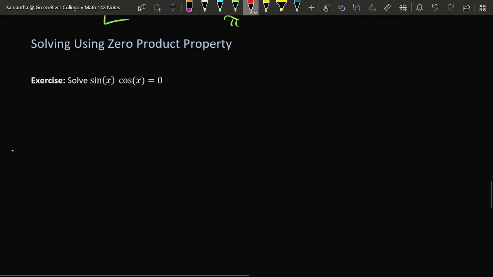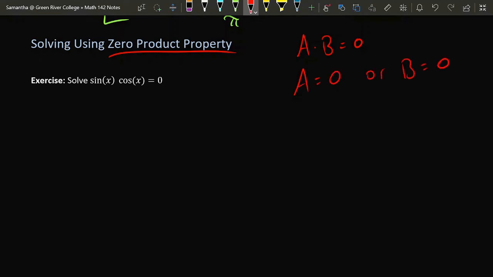Now the zero product property is a rule from algebra that helps you to solve equations like this one. It says that if you have two quantities which are multiplied together, and then you know the result is supposed to be 0, then you can break this equation down into a equals 0, separate from b equals 0.